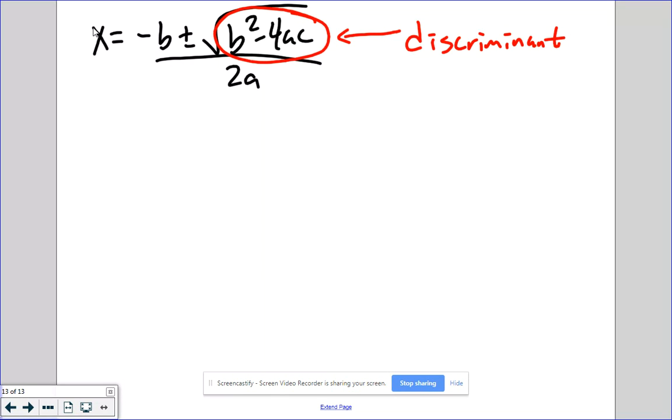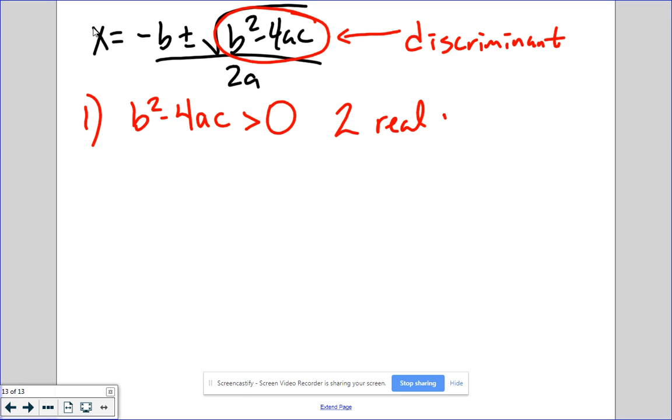So there are 3 cases with our discriminant. Again, the discriminant is b squared minus 4ac. Our first case is that our discriminant is positive. That means we have 2 real roots, and those real roots are going to be different.